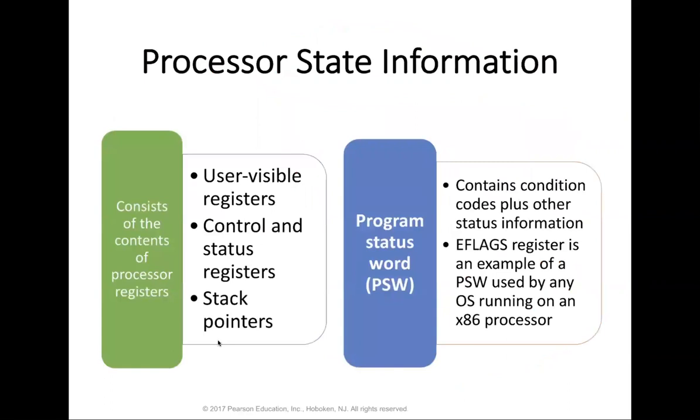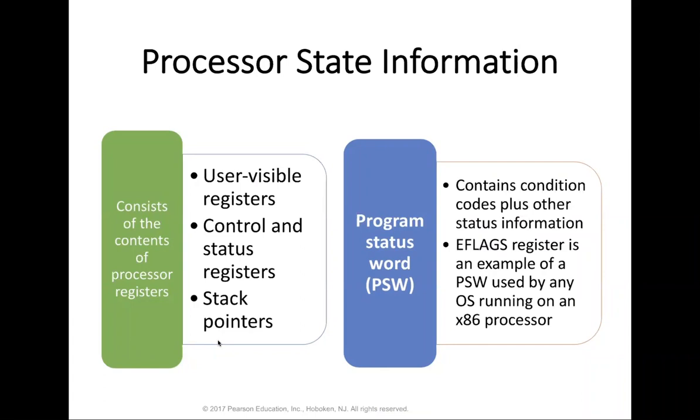So we talked about the process identifier and how it's an important component in the process control block. The second category of information that is mandatory in the process control block is the processor state information. The processor state information consists of the contents of the processor registers. While a process is running, of course, the information is in the registers.